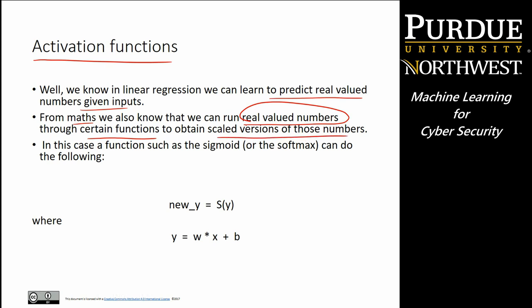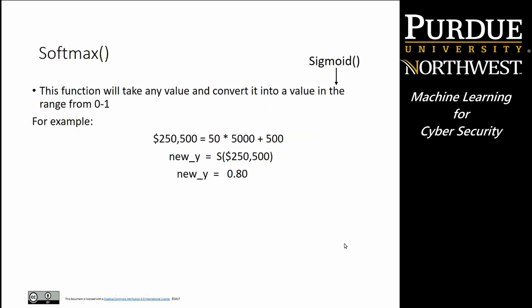So if you think about it, it's like somebody started to build a machinery and then adapted that machinery to learn different things. So in this case, a function such as a sigmoid, or more correctly, the softmax, can do the following. If I had my y, which is that linear regression equation, this one that I just learned, and if I run it through the sigmoid function, I get a new y, right? That we've established.